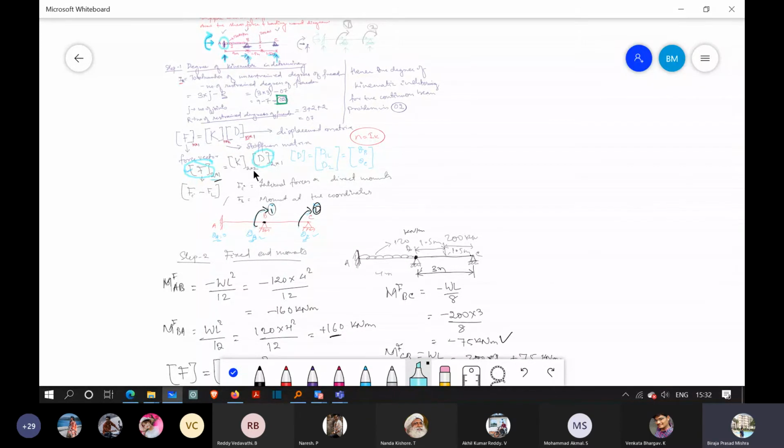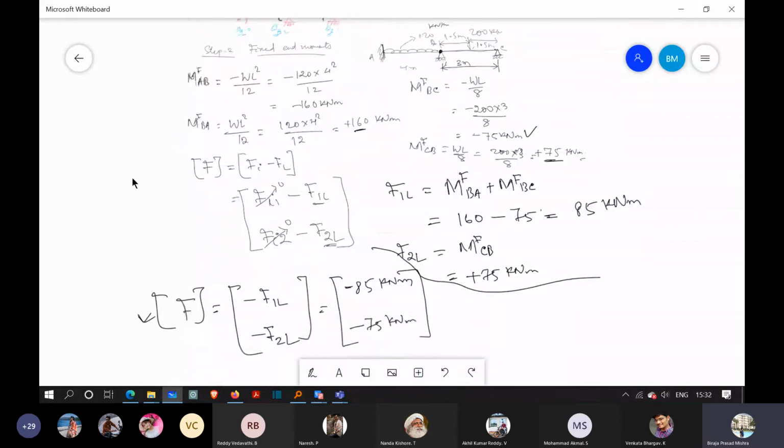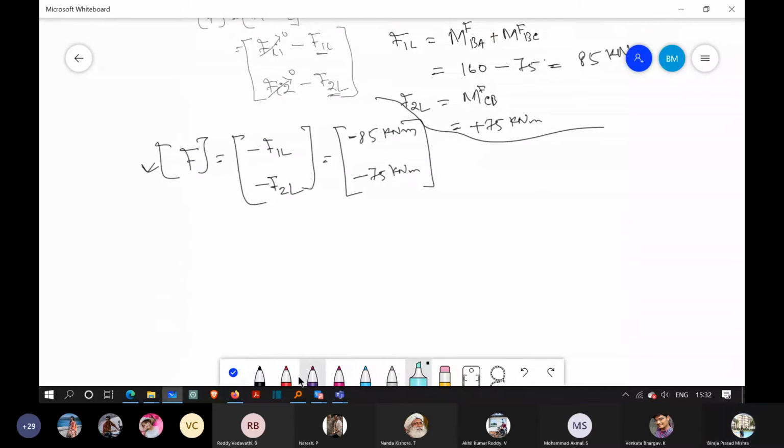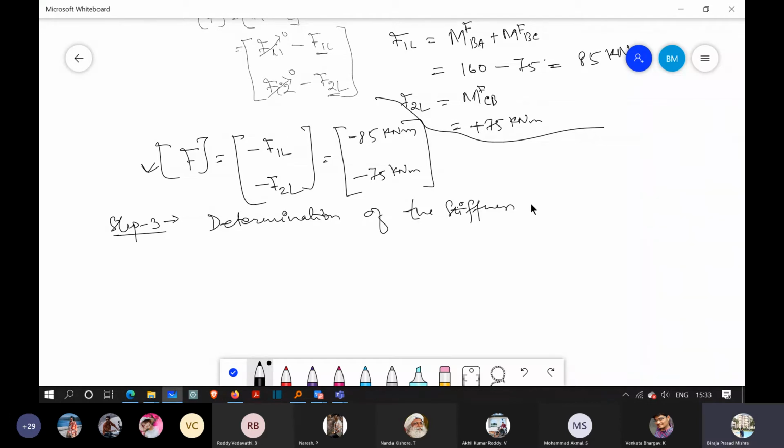Now the remaining is the stiffness matrix, that is K. So in step 3, we will determine the stiffness matrix.